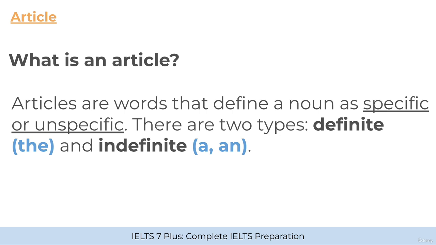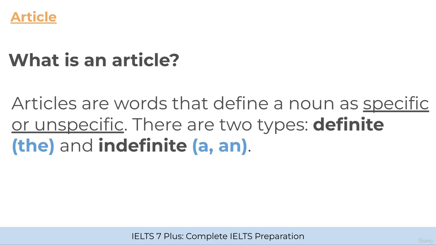So if something is specific, for example, the park run, which we talked about earlier, then you want to use the, because in that situation, it's a known event, the context is there, maybe you've spoken about it before, and you want to, in that situation, use the.